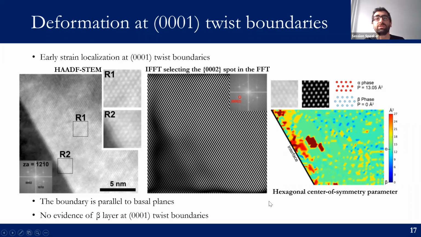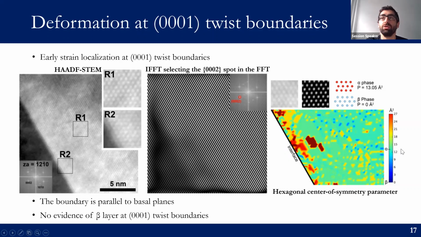So we have used a hexagonal centrosymmetry parameter for that purpose. The parameter should exhibit values close to 13 in the alpha phase, while it should be 0 in beta phase because of the slight differences in the atomic arrangements. The value of this parameter was calculated in the grain on the right-hand side of the grain boundary, and these values are reported here.